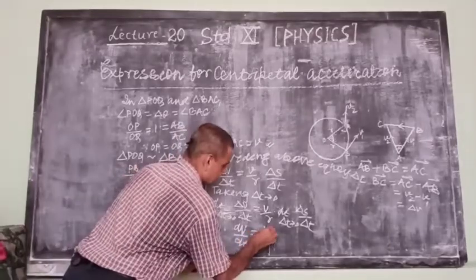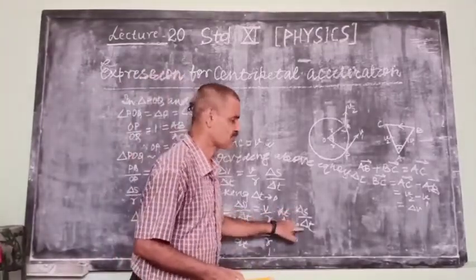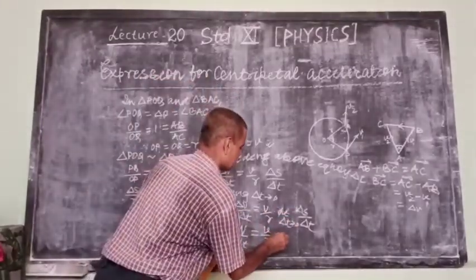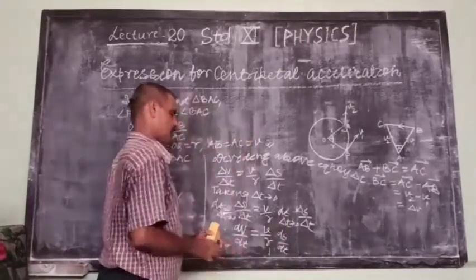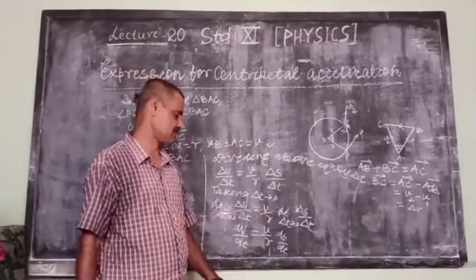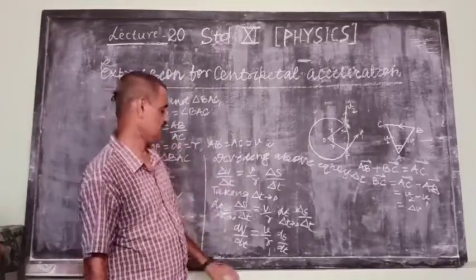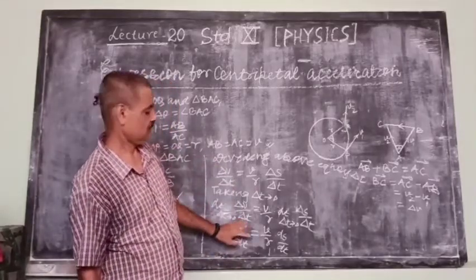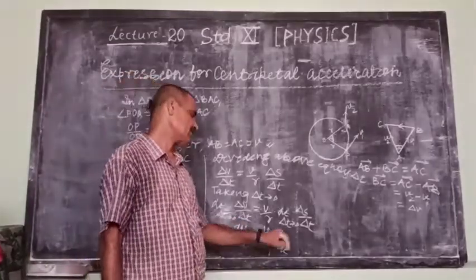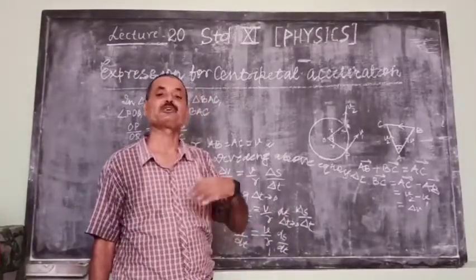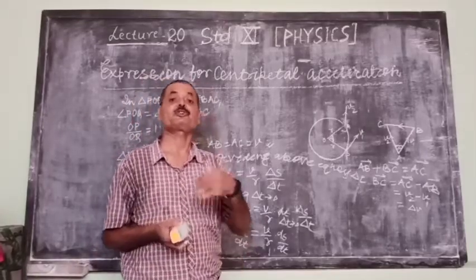This is V by R into ds by dt. Now the terms of physics in terms of calculus: dv by dt means rate of change of velocity, so this is your acceleration. And ds by dt is the rate of change of displacement, which is called velocity.